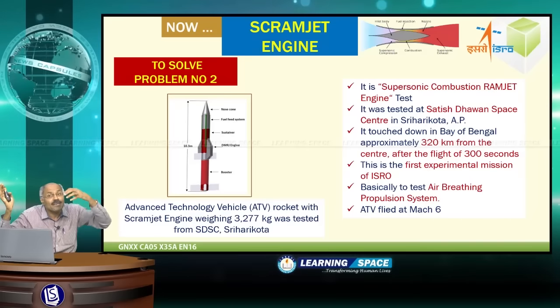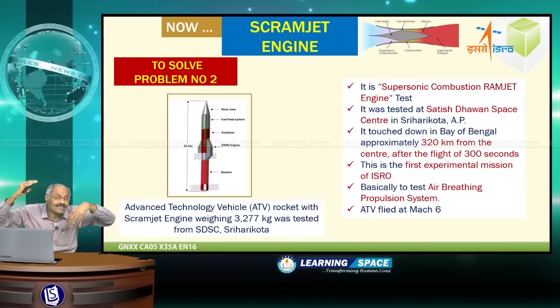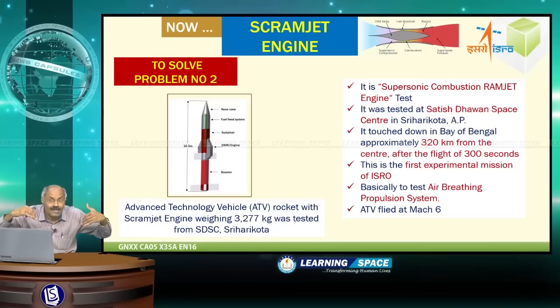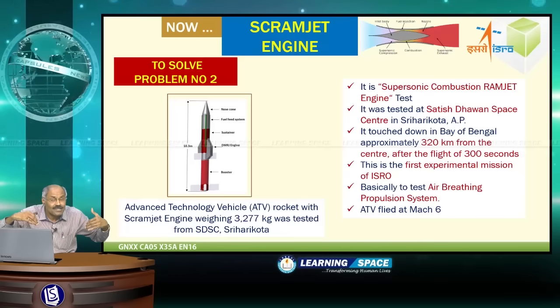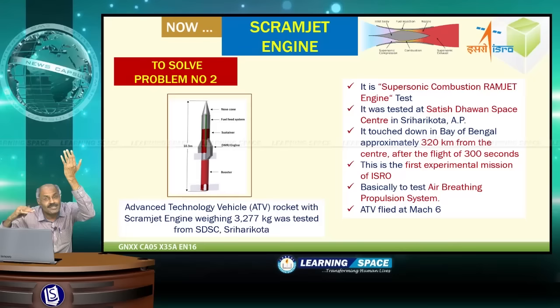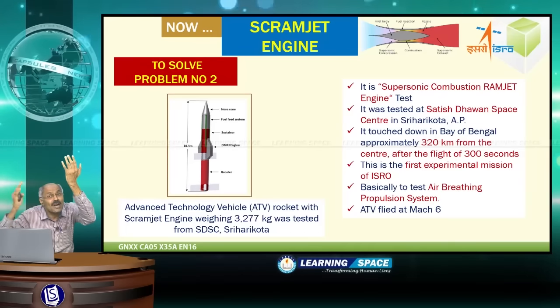And if the speed of the vehicle is less than the speed of sound, then it is categorized as subsonic speed. Subsonic speeds are the speeds of vehicles which are less than the speed of sound. Supersonic means the speeds of vehicles which are more than the speed of sound.